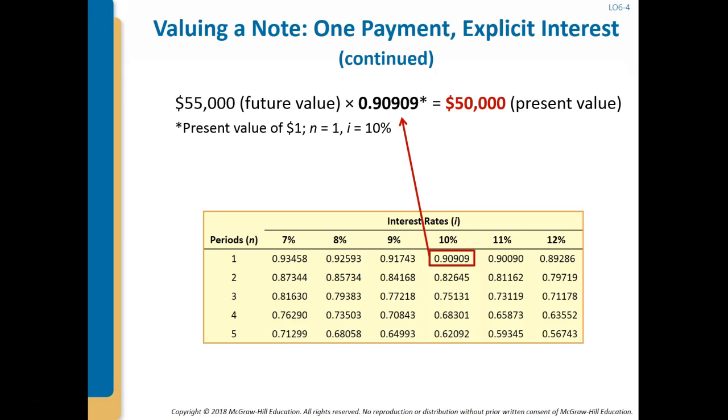You see, this equation form we can solve here for the present value, where the present value of 1, N is 1 period, and the I is 10%. So by calculating the present value of $55,000 to be received in 1 year, the interest of $5,000 is removed from the future value, resulting in the appropriate note receivable or sales revenue value of $50,000 for Stridewell and a $50,000 note payable or inventory value for Harmon.